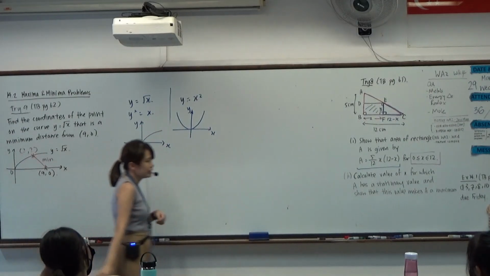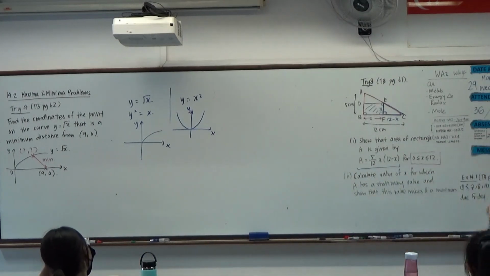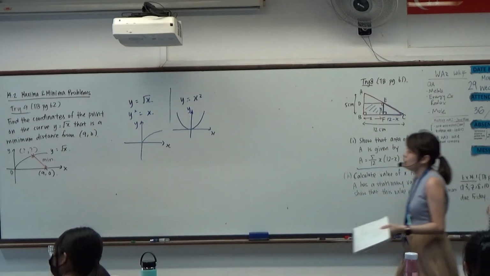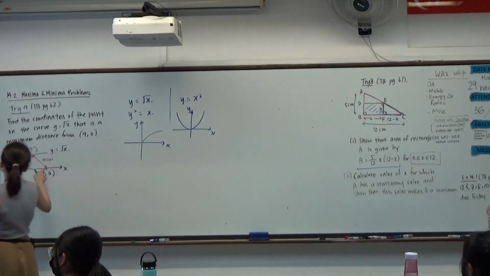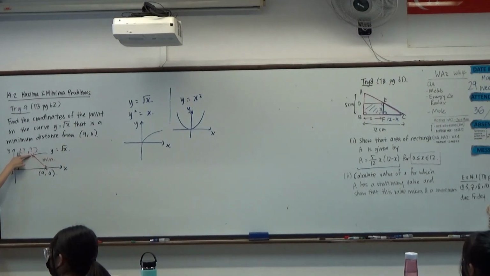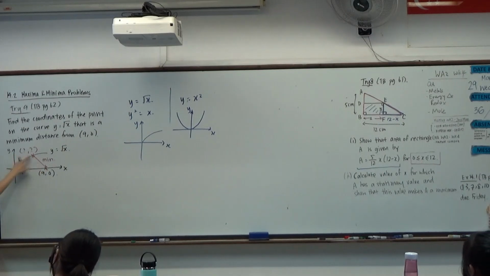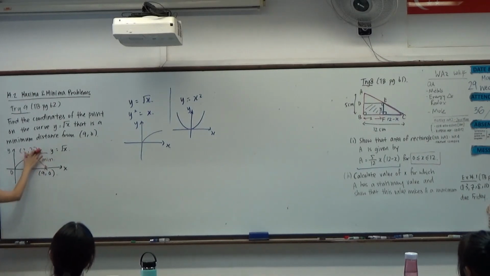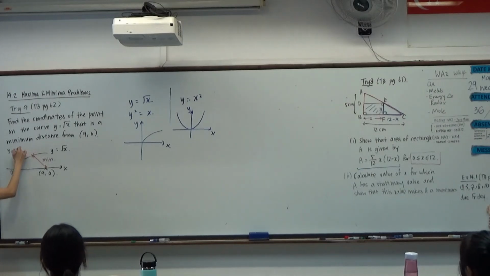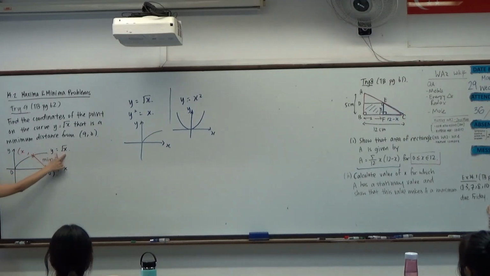So looking back at this question, we want to find out the minimum distance. We don't just want to find the minimum distance, we want to find the coordinates that give rise to a minimum distance. Because this point is found on the curve, if my x coordinate is x itself, then my y coordinate based on the equation needs to be square root x.